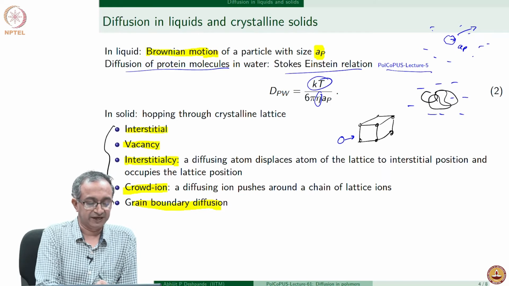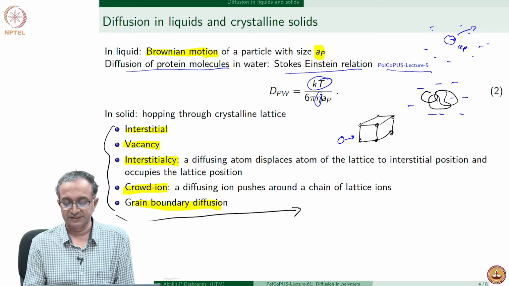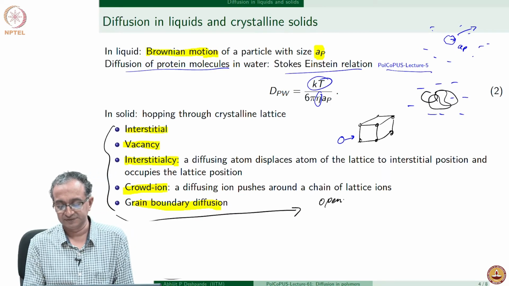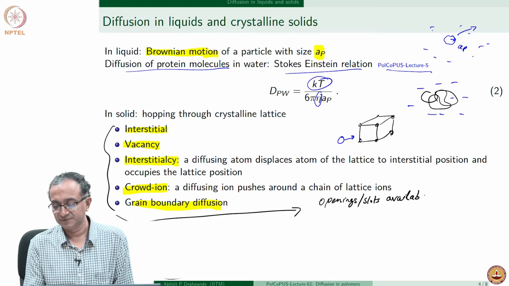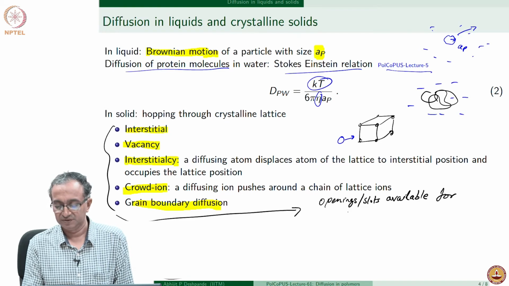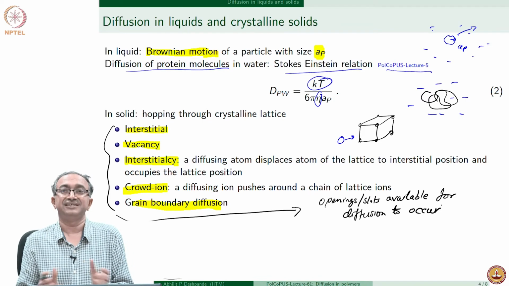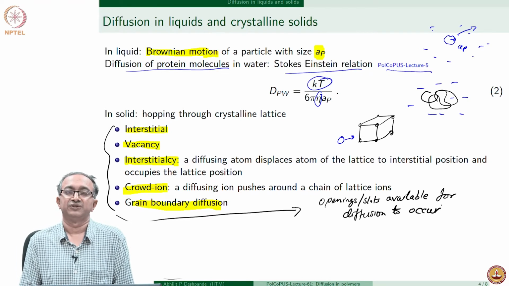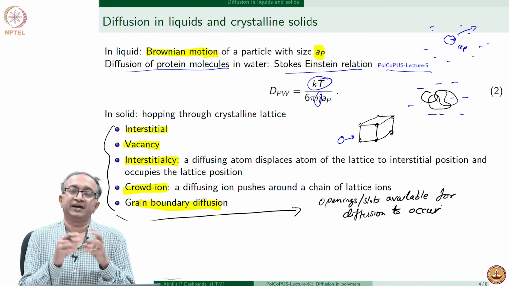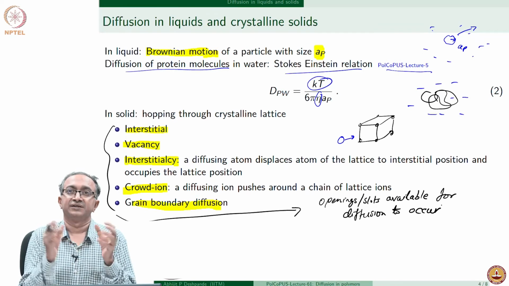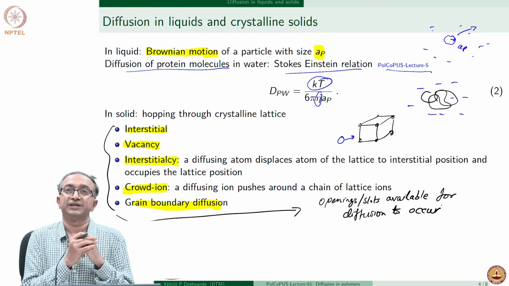These mechanisms define, let us say, the openings or slots available for diffusion to occur. There may be a certain density of these slots, and if the number of slots is very high and their distances are less, then the diffusion can happen.